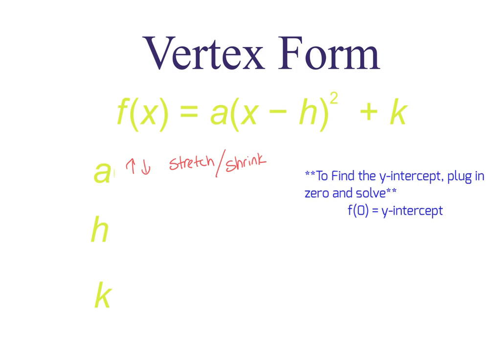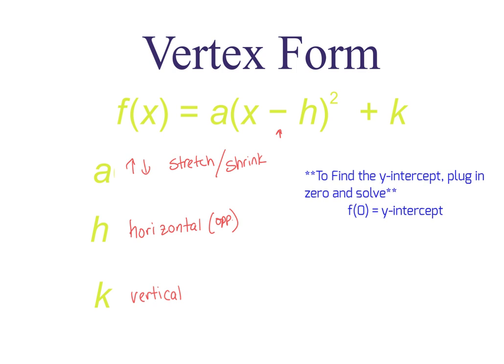When you look at horizontal translations, left and right, you are going to use that h value. Again, remember, the original formula is a negative here, so use the opposite of what you see there. Your vertical translations are up and down. That will be your k value, just as it looks, because that is a plus.